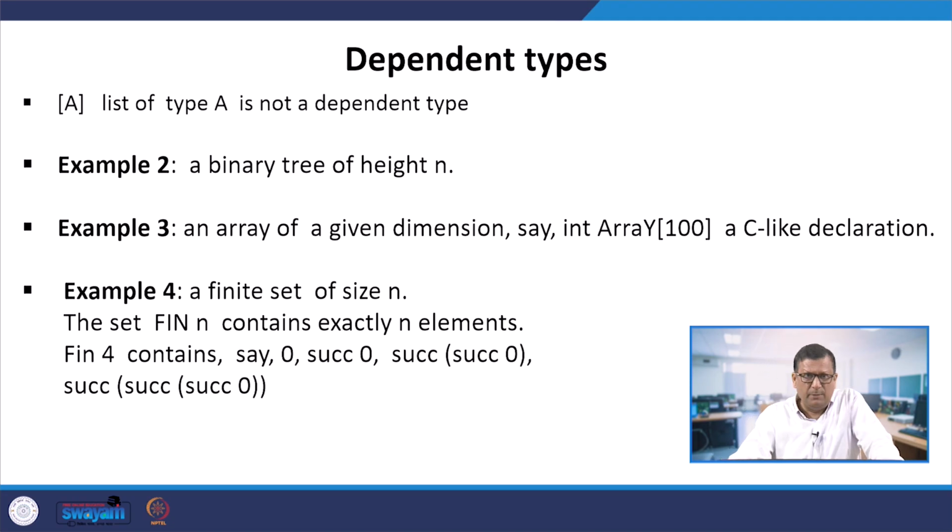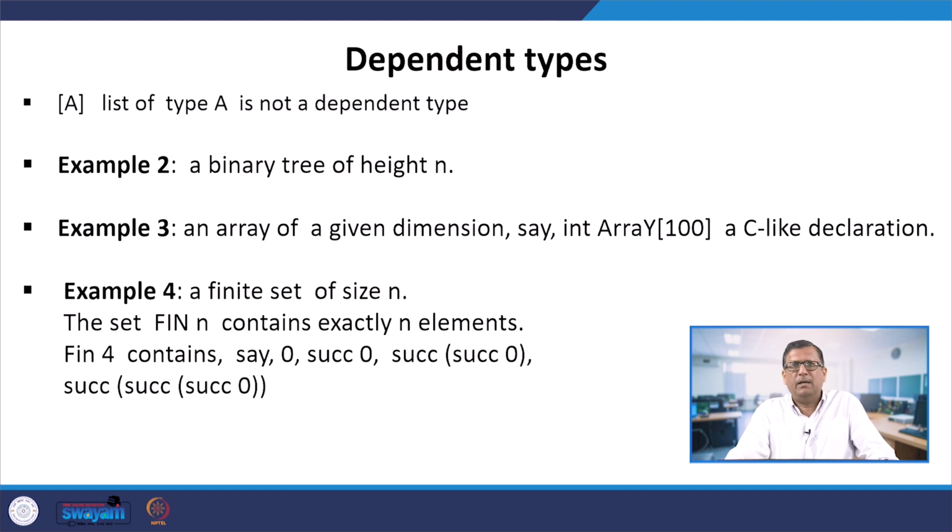However, this dependent type is not something we are unfamiliar with. It is a common practice in Fortran, and in C-like declarations, if we declare an array, say int array size 100, that means it is not just an array of integers.